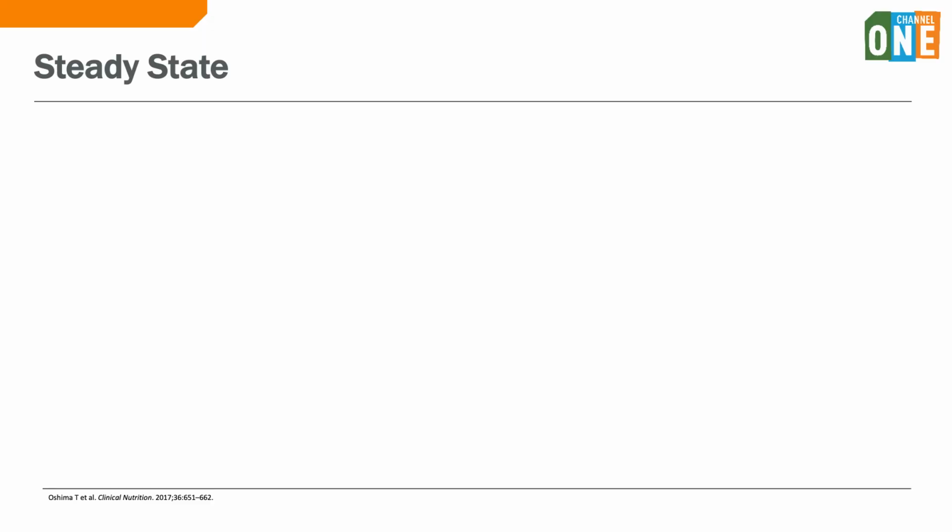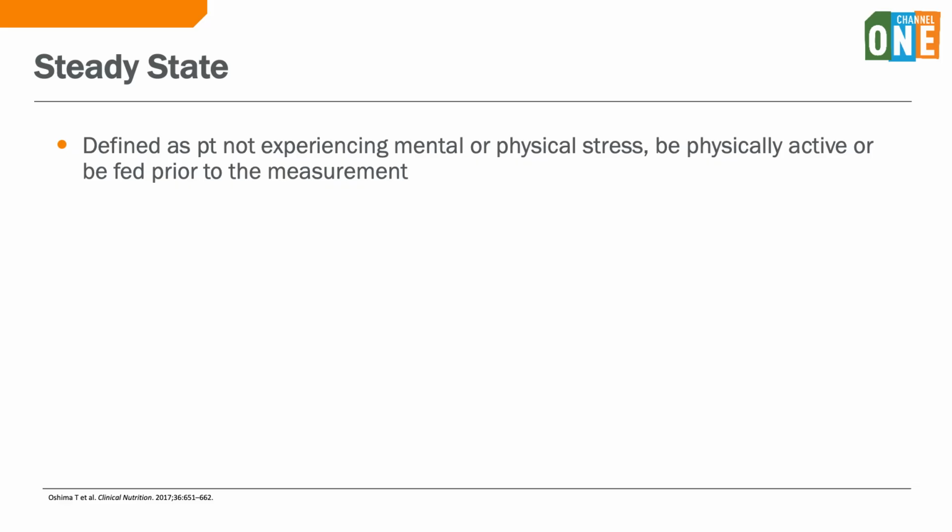Now, when we are considering a steady state, the patient needs to be in a true physiological resting state. They shouldn't have eaten recently, moved significantly, such as walking, or worked with physical therapy, or experienced acute mental or physical stress.